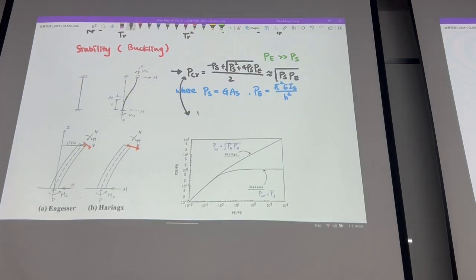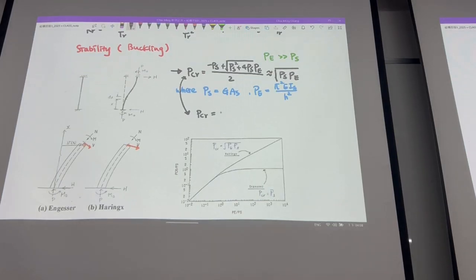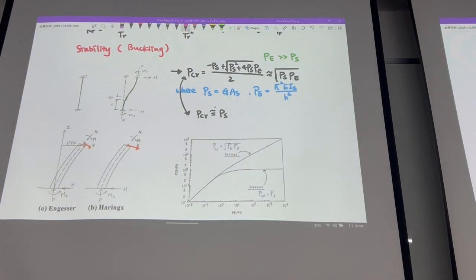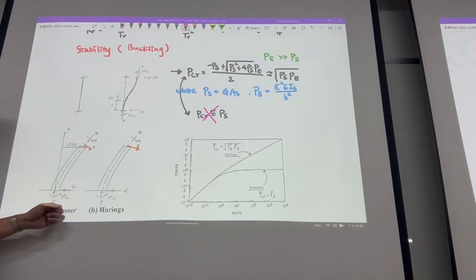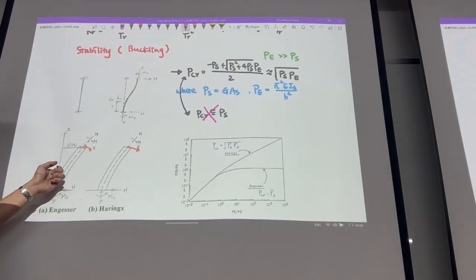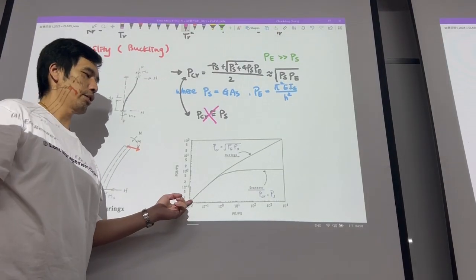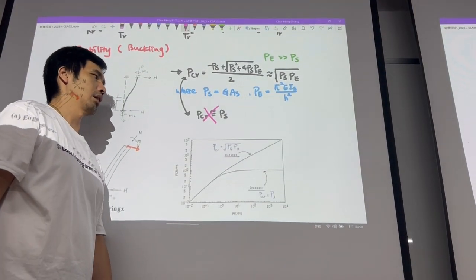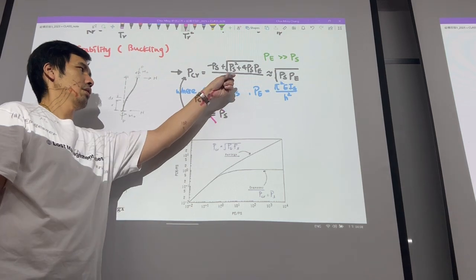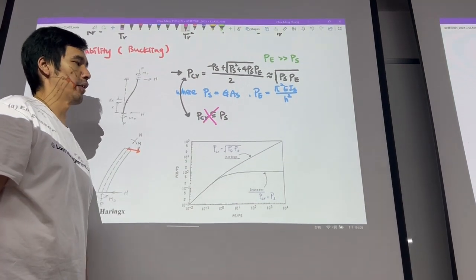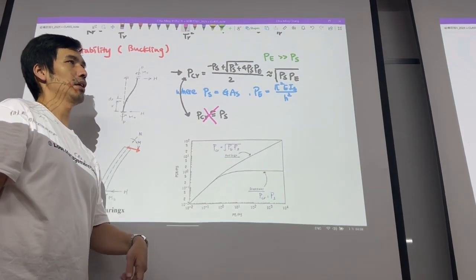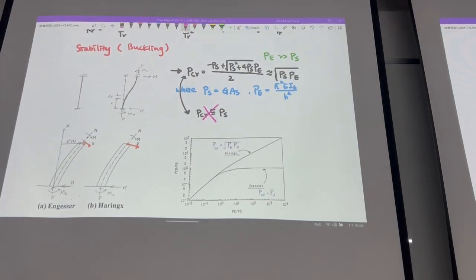The other one is that PCR is roughly equal to PS, but we are not applying this one. That's from this guy. Then when they generate the curve compared to the theoretical derivation, this one is closer to the experimental result.